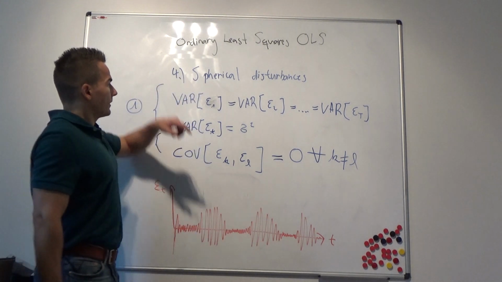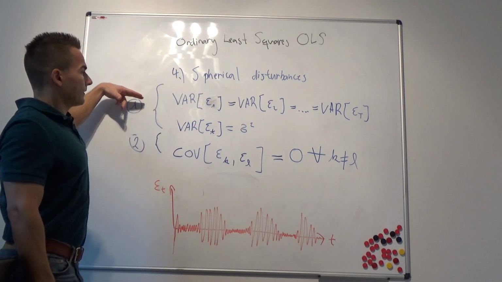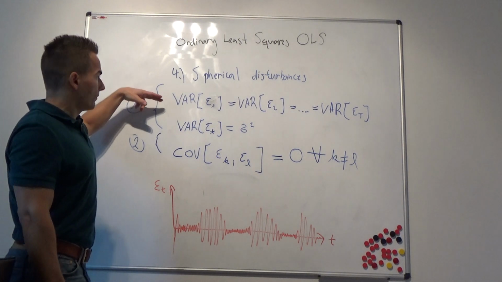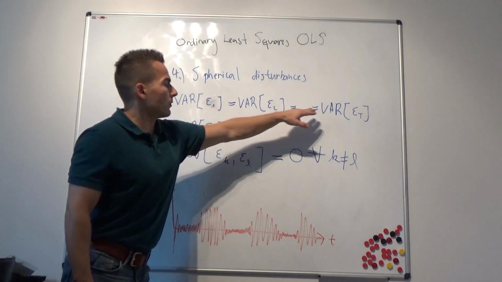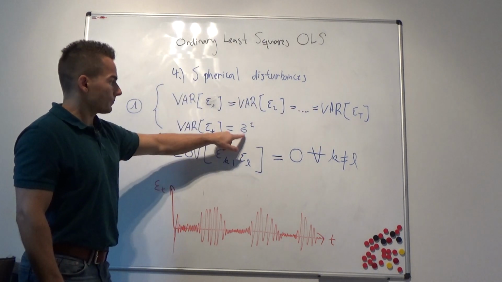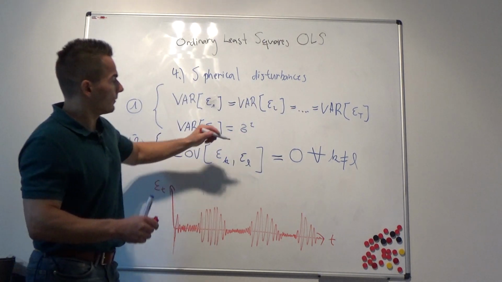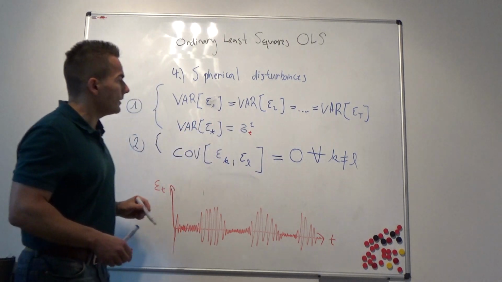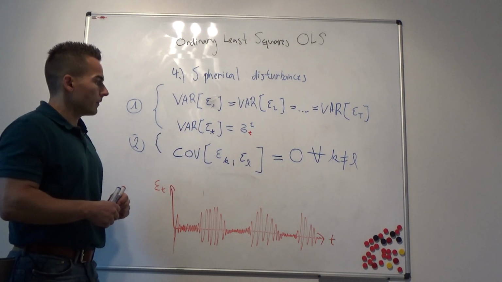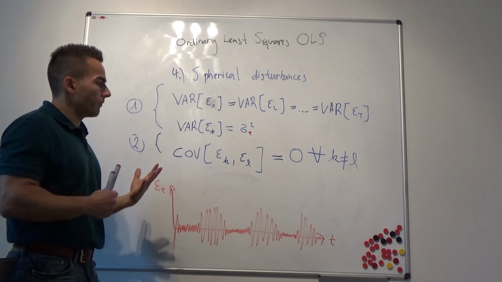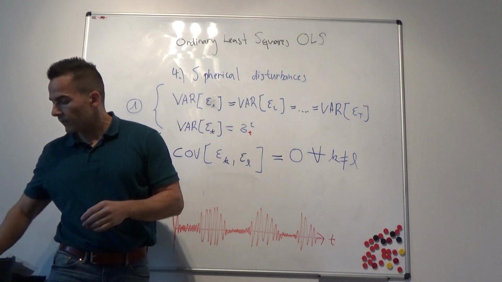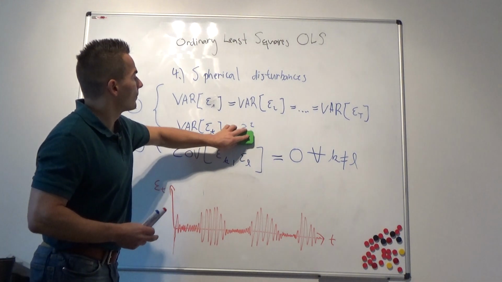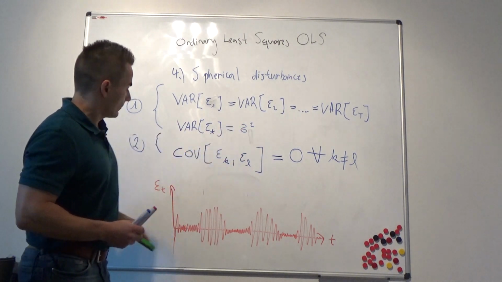So in this case the first assumption is violated, because the volatility of our residuals is not the same. It depends on time t. But our OLS regression framework requires that we have the same variance. So how should our residual term then look?